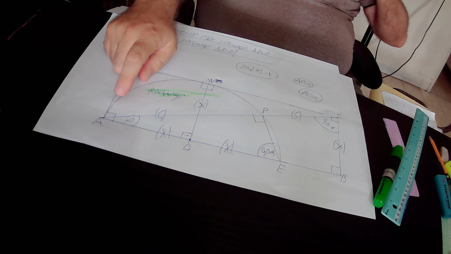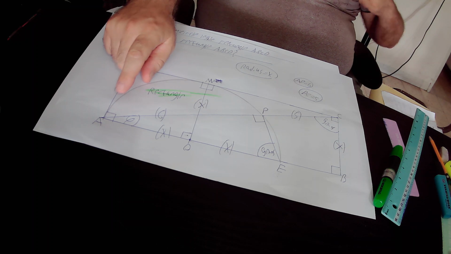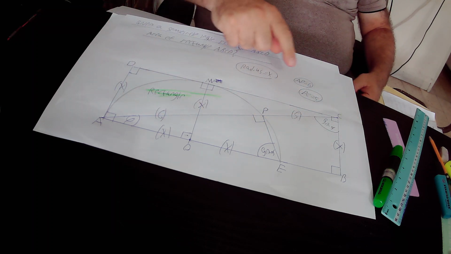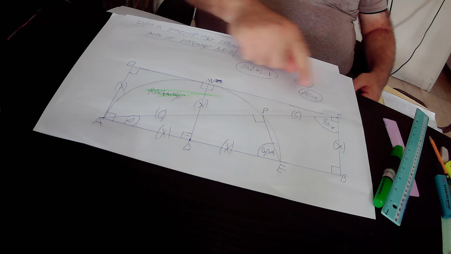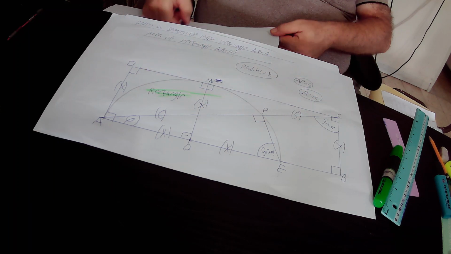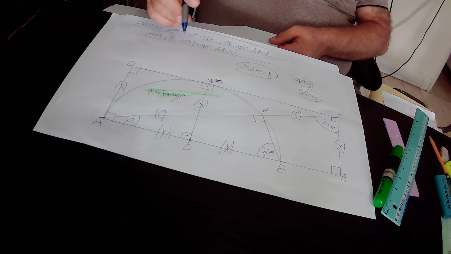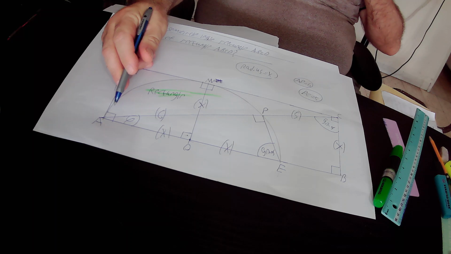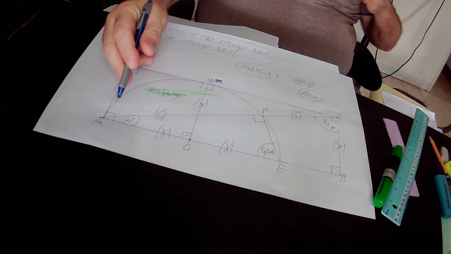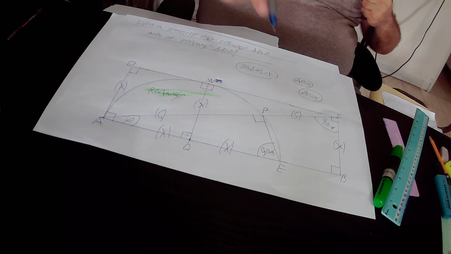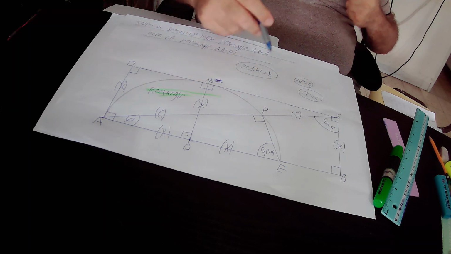If we relate to this angle, angle A, as it belongs to the big triangle ABC, it will be defined as angle CAB. And angle A equals itself. If we relate to this angle, angle A, as it belongs to the small triangle APE, it will be defined as angle EAP.